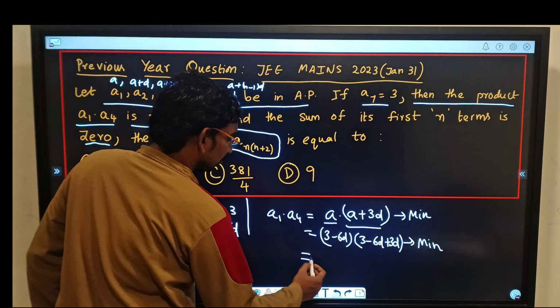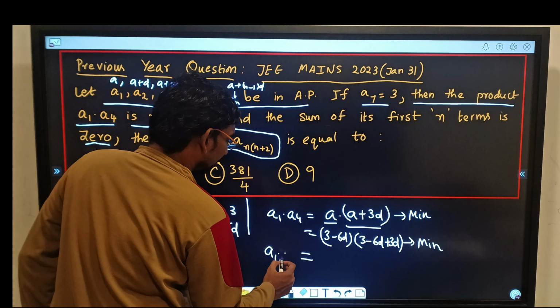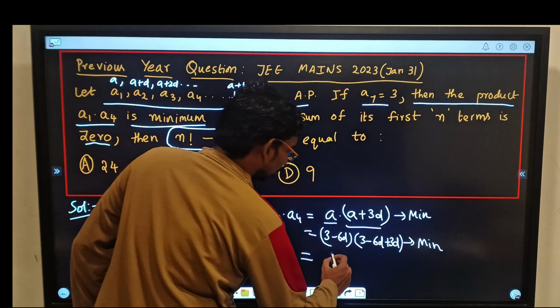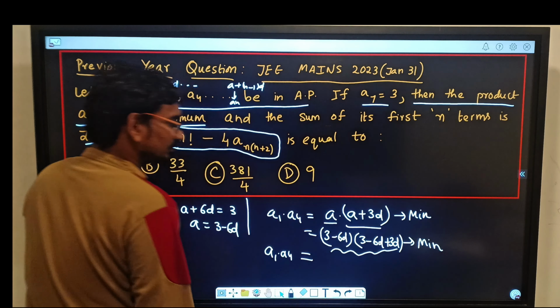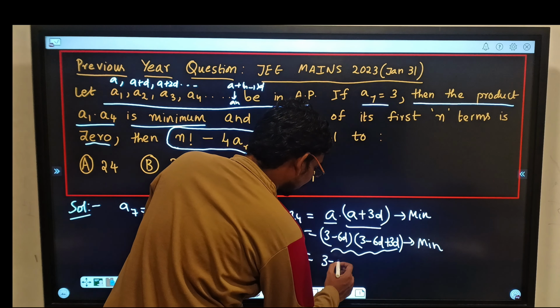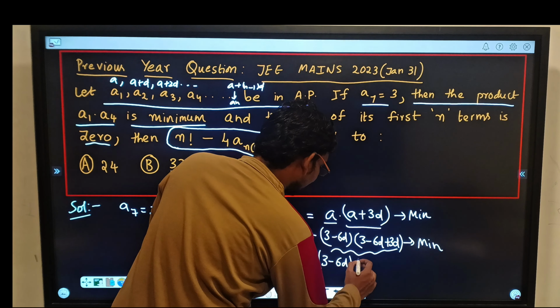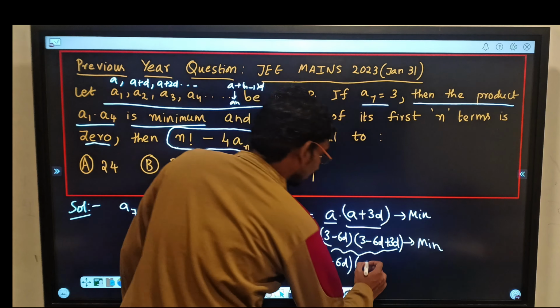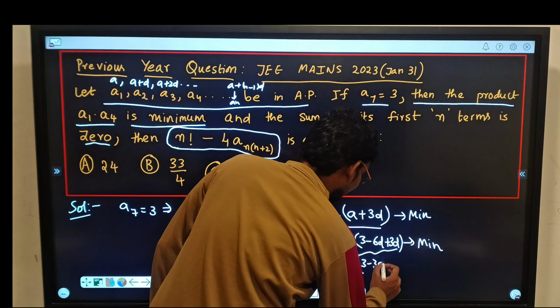So A1 into A4 equals how much? It is 3 minus 6D into 3 minus 3D.